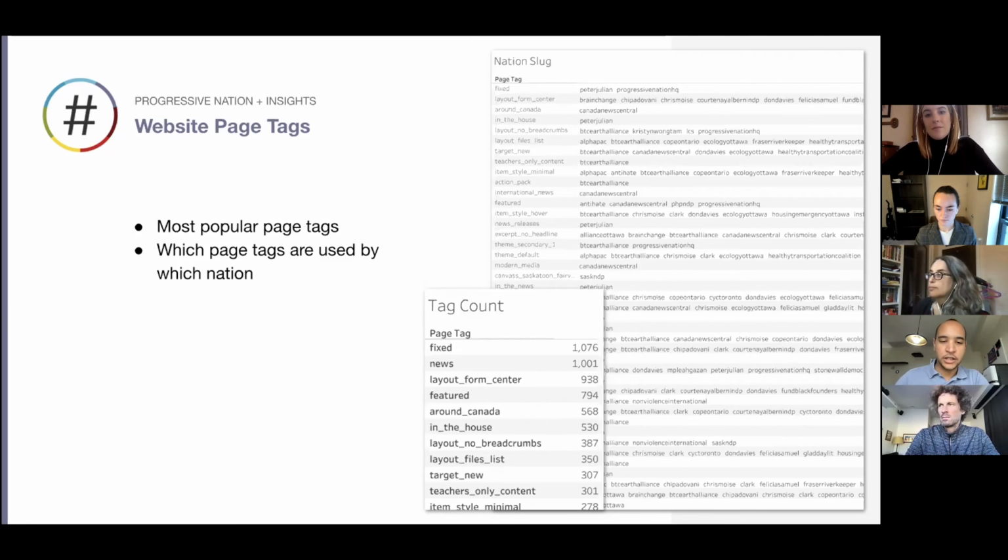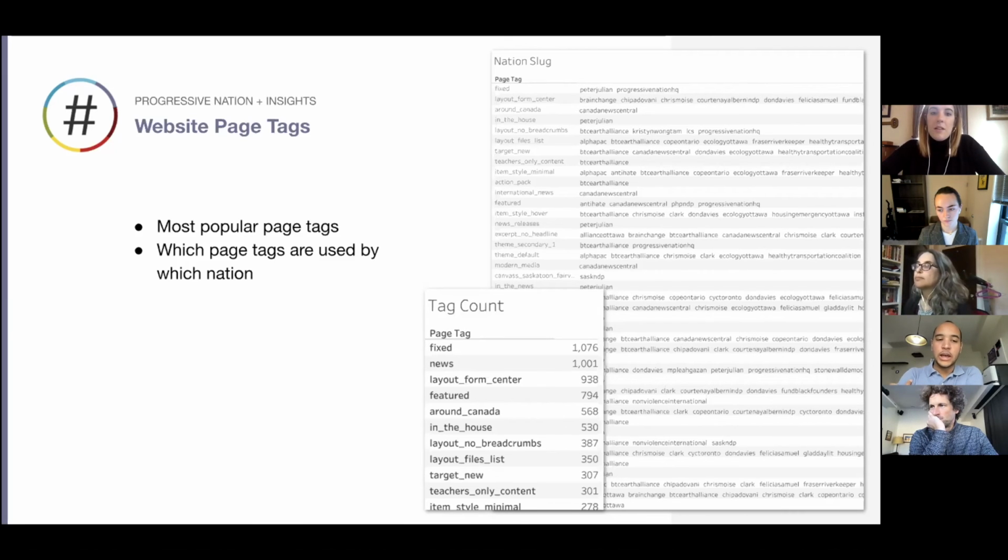You can see here, there's layout_form_center, and there's 938 tags. That is one of the highest used. That means that our clients on 938 pages across our network are wanting their form, whether it be a donation form or a sign up form, to be center aligned as opposed to the default left or right.